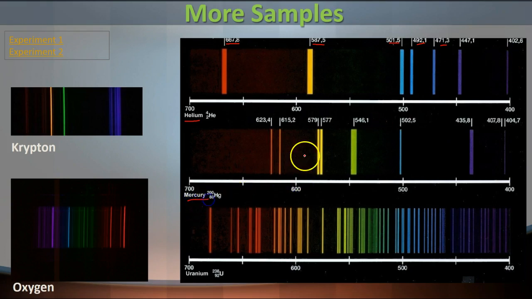For mercury, this will be the picture, this is its fingerprint. The same goes for krypton and oxygen; they have their own fingerprint that you cannot duplicate. And lastly, uranium, the heaviest of the natural elements, has a lot of lines.